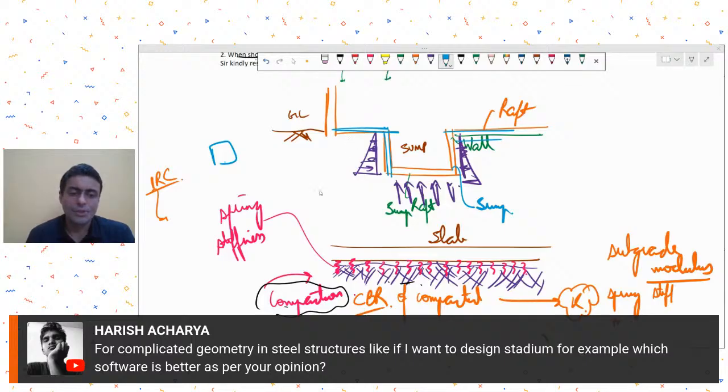And if you want to stay in the CSI family and you have an irregular, complicated structure, maybe SAP 2000 is the best solution. But SAP 2000 does not have all the design features that ETABS has. In SAP 2000, the design features are not as well developed as they are in ETABS.